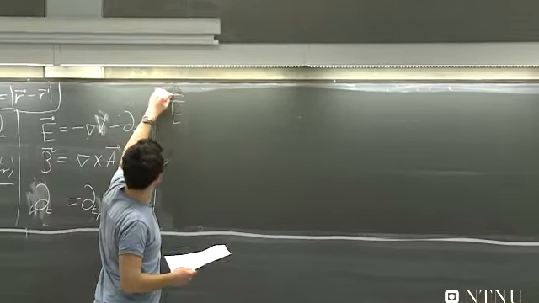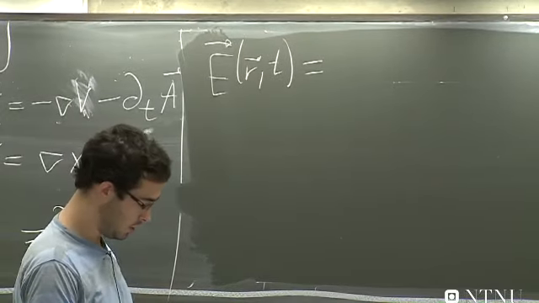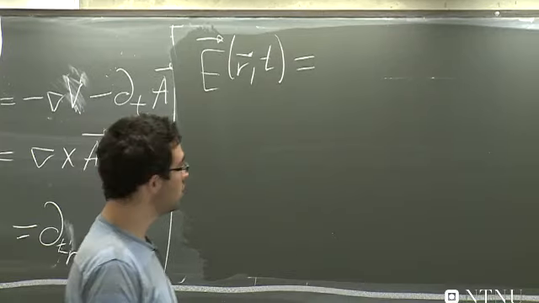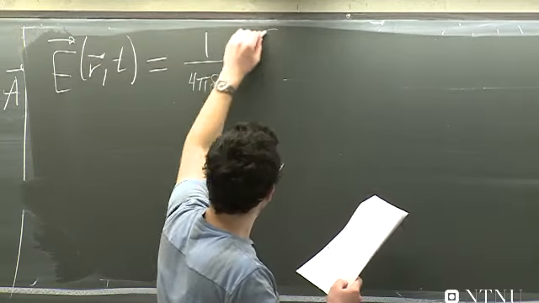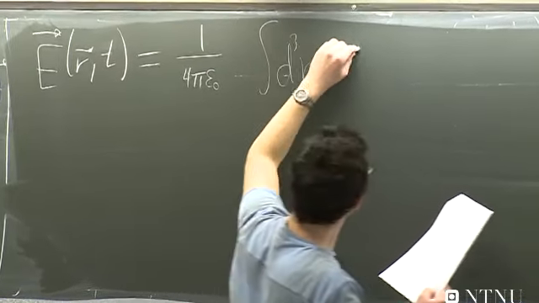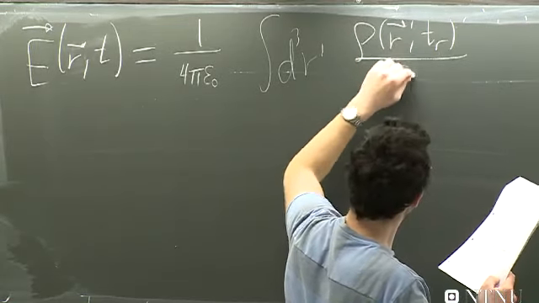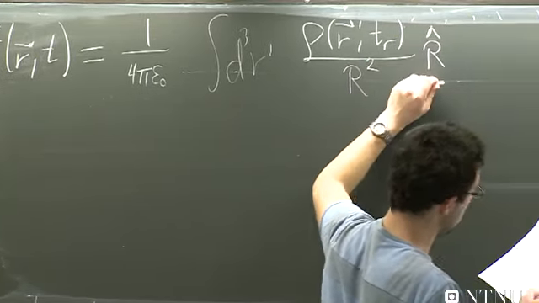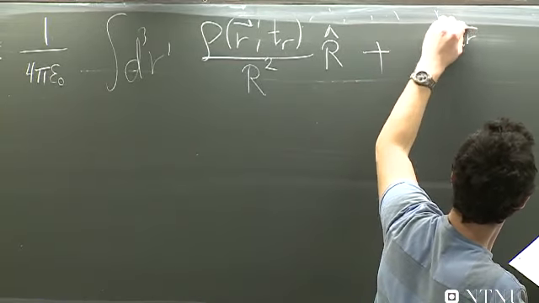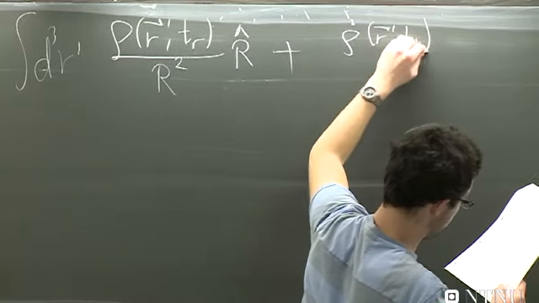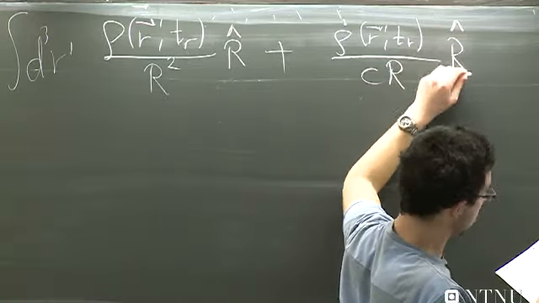The electric field can be given as a set of integrals over the charge distribution and current distribution. First term is the same as in the electrostatic case, rho of r prime, t_r, over r squared, r hat. Second term had a time derivative of the charge distribution, over r hat.